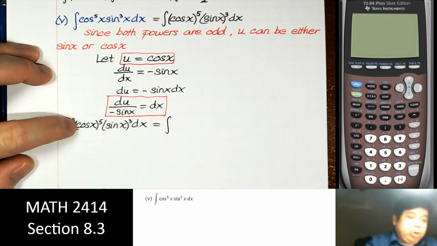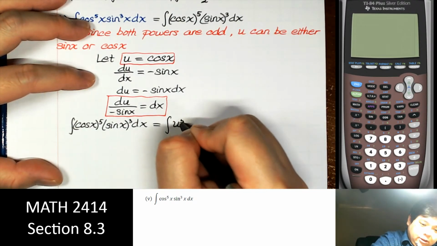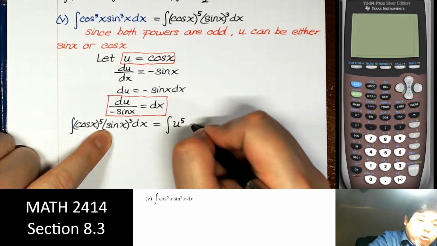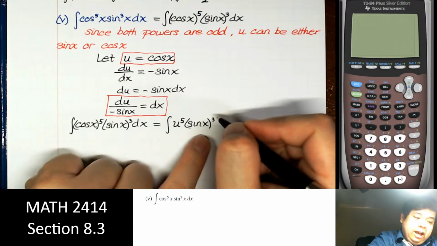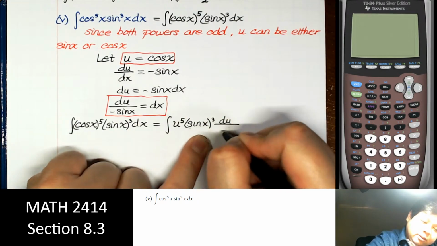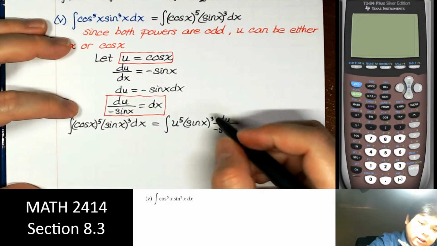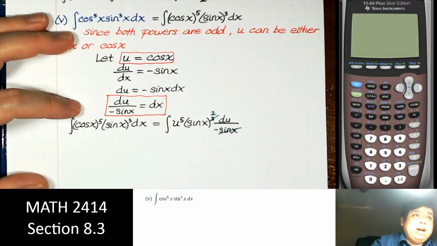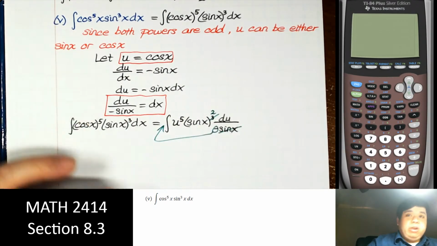Right. u equals cosine of x, so that is going to be u to the fifth. Sine of x, we just have to write like that for now. And dx is du over negative sine. Sine x cancels with one of them, left with 2. The negative sine moves to the outside.